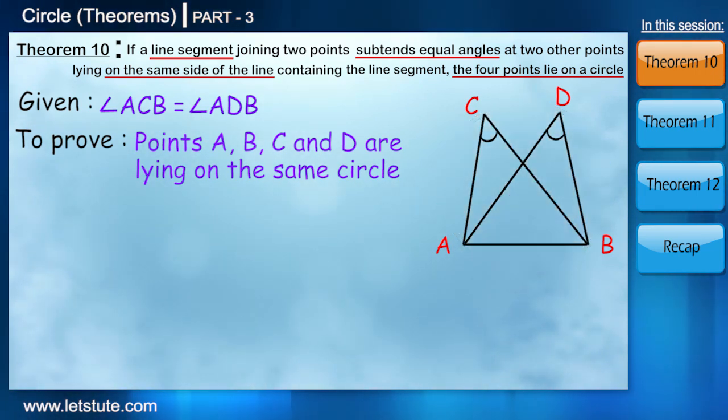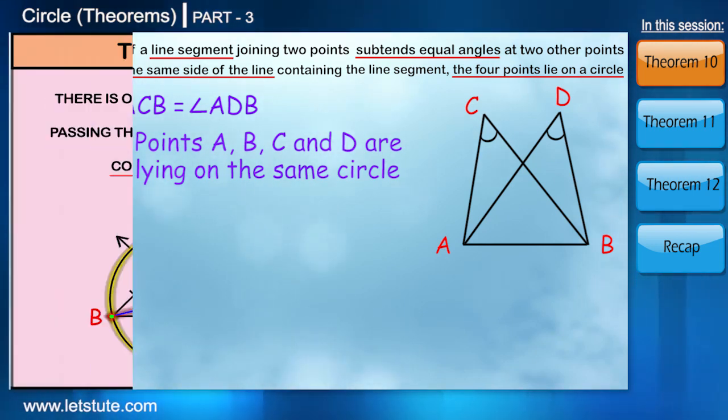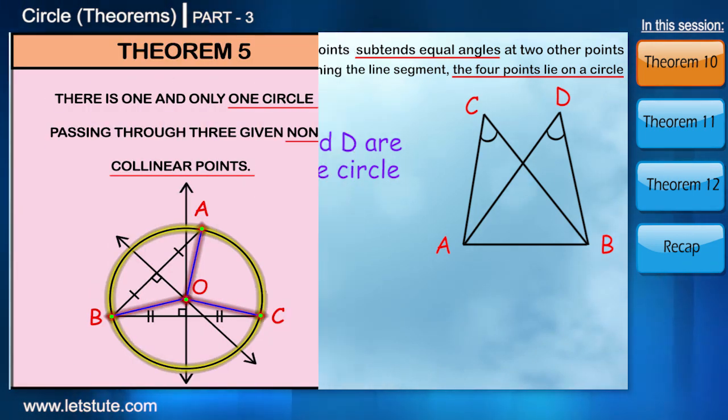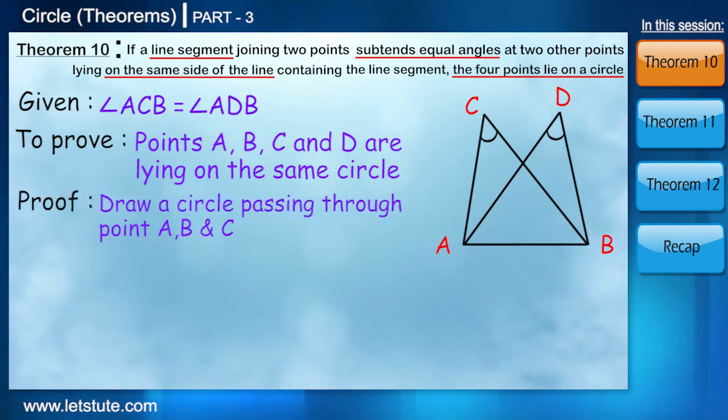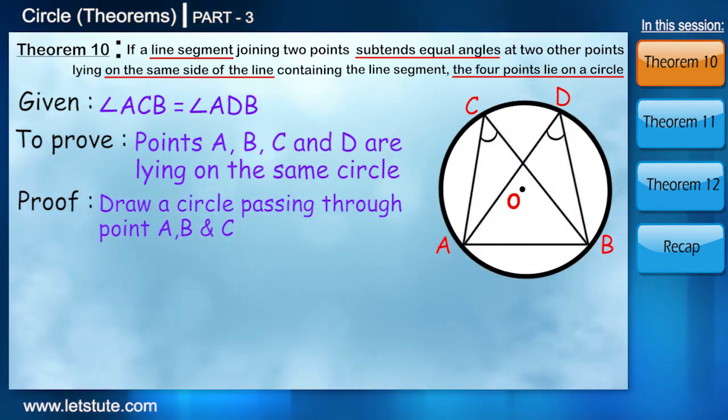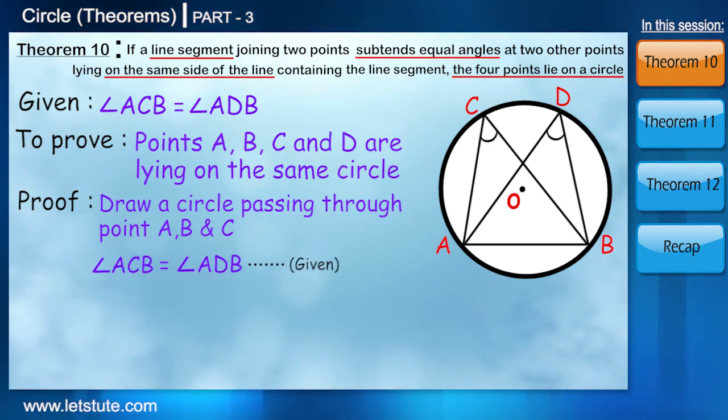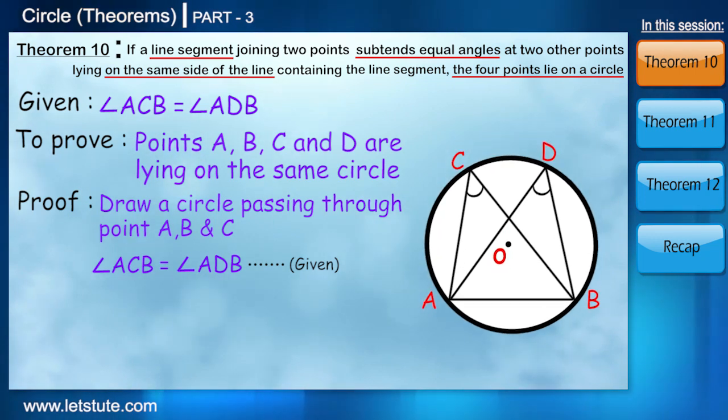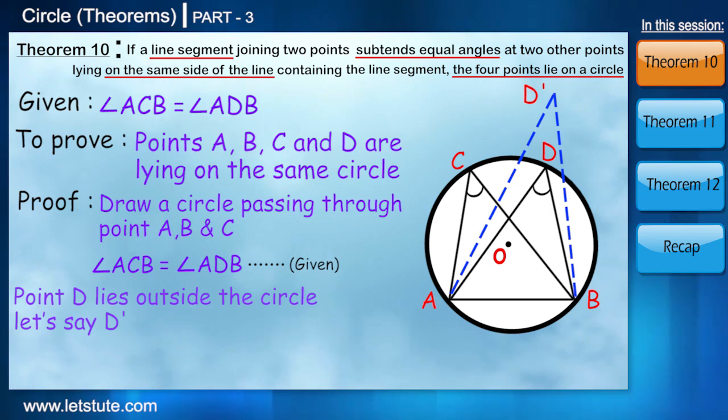Now we can draw a circle passing through 3 non-collinear points, as we did in our 5th theorem. So let's draw a circle passing through point A, B and C. Now we are given that angle ACB is equal to angle ADB. Now suppose point D lies outside the circle, let's say D dash.